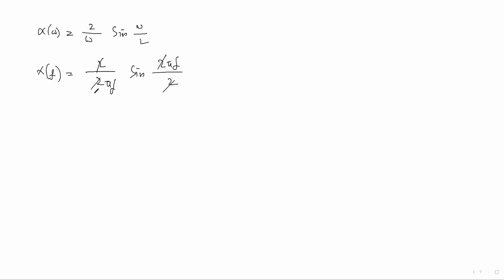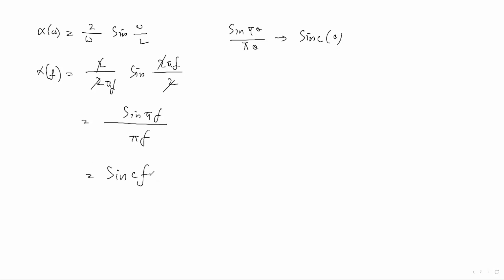The 2s cancel, and we have found sine pi f by pi f. We know that if sine pi theta by pi theta is there, then you can write it as sinc theta. Like that, you can write this as sinc f.